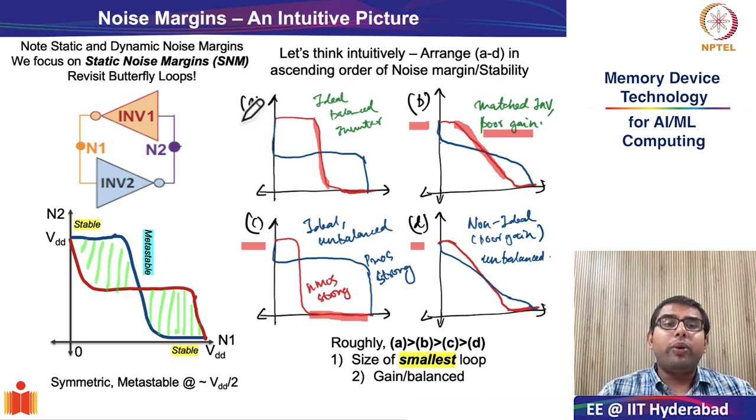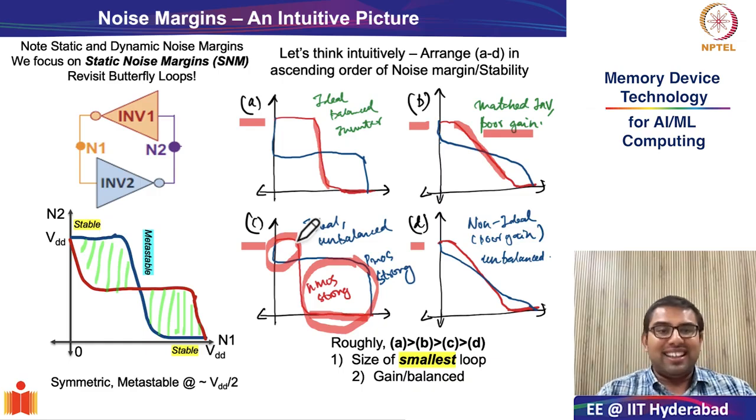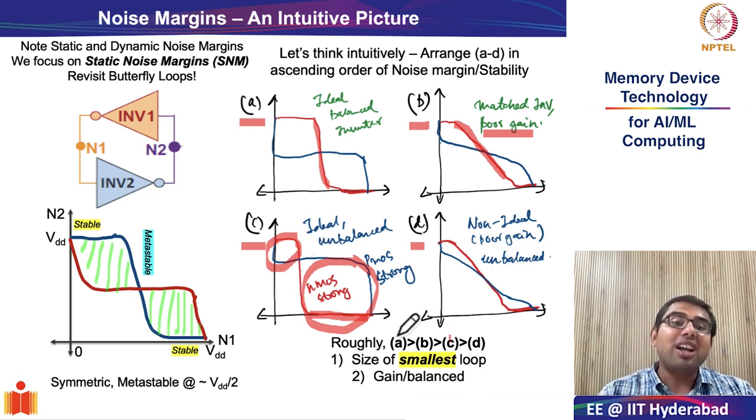Let's compare figure A and figure C. It is very clear that in figure C, because of the imbalance in the inverter, one of the hysteretic loops is much larger compared to the individual loops in figure A. However, the noise margin of the other loop is the critical deciding factor. So the noise margin in C will actually be smaller than that of A. That is the first thing that we see.